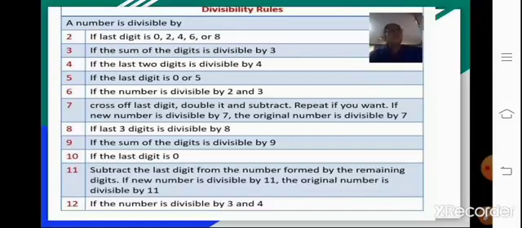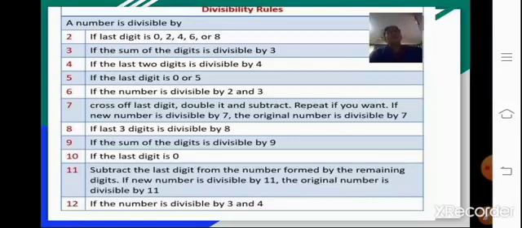A number is divisible by 3 if the sum of the digits is divisible by 3. Same way, a number is divisible by 4 if the last two digits are divisible by 4. A number is divisible by 5 if the last digit in the ones place is 0 or 5. A number is divisible by 6 if the number is divisible by 2 and 3.